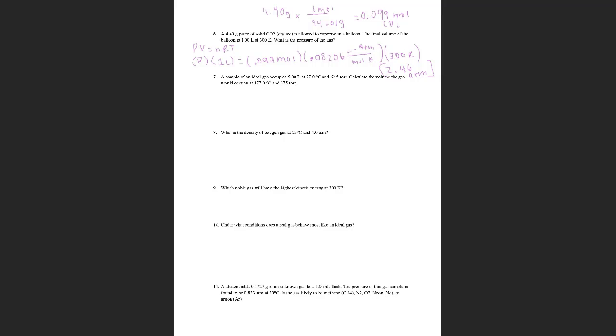So which equation are we using for this? Yeah, the combined gas law, because it gives pressure, temperature, and volume. So the combined gas law is PV over T equals PV over T.